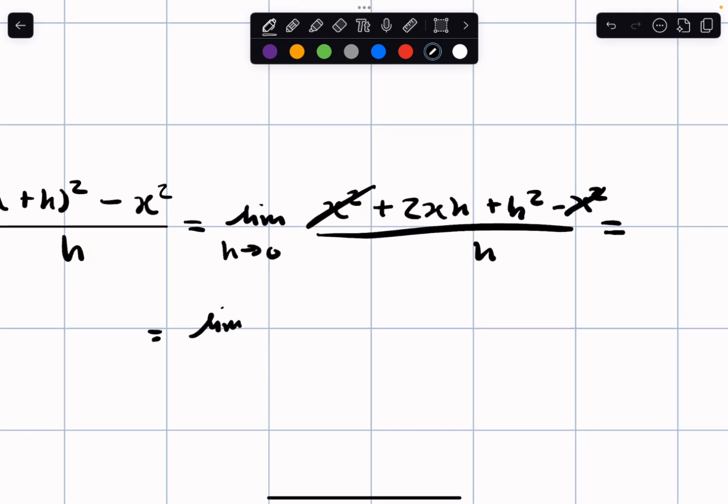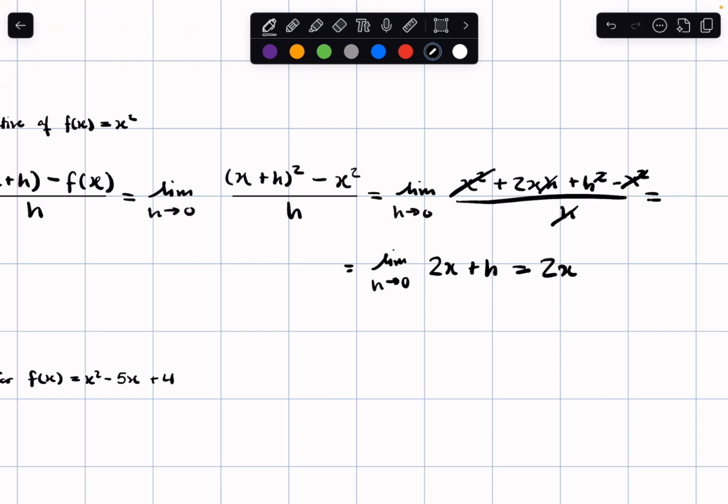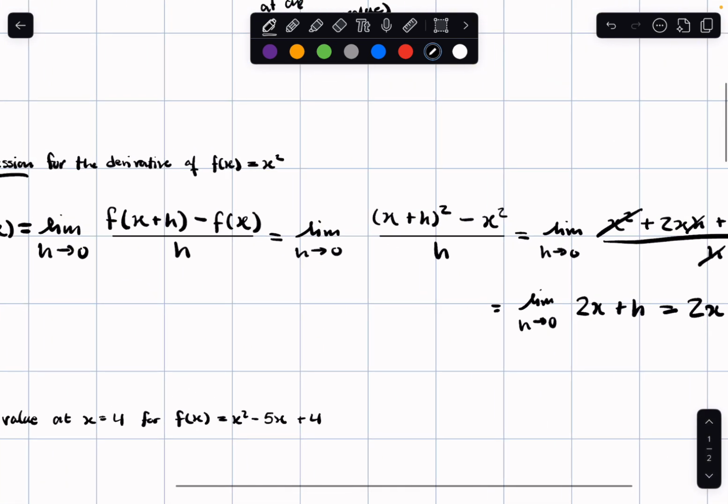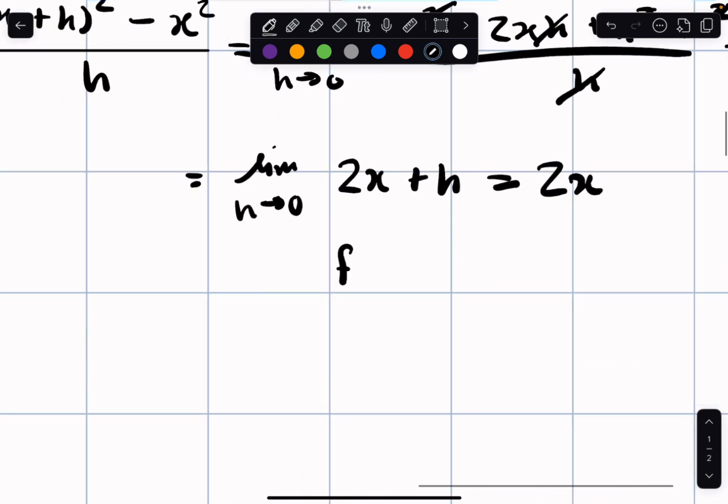And when you have the limit as h approaches 0, you have 2x plus h, because these h's cancel out. And when you plug in h as h approaches 0 for this limit right here, you get 2x. And if you remember the product rule, which is going to be in the next video, if you've already been in a lecture, this is exactly what f of x equals x squared implies. So therefore, f prime of x is equal to 2x.